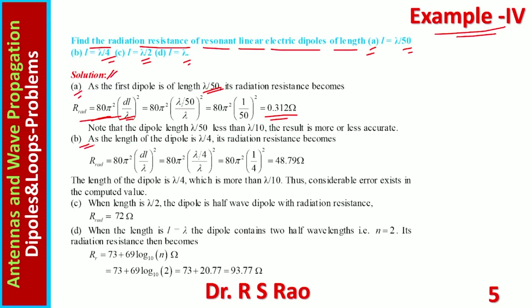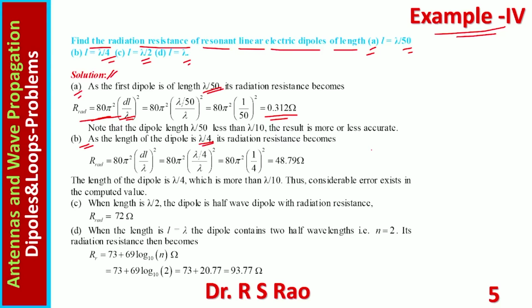B. Length of the dipole in this case is lambda by 4. It is not less than lambda by 10. In fact, it is more than lambda by 10. It cannot be a true elementary dipole, and the formula for radiation resistance of elementary dipole cannot be used here.